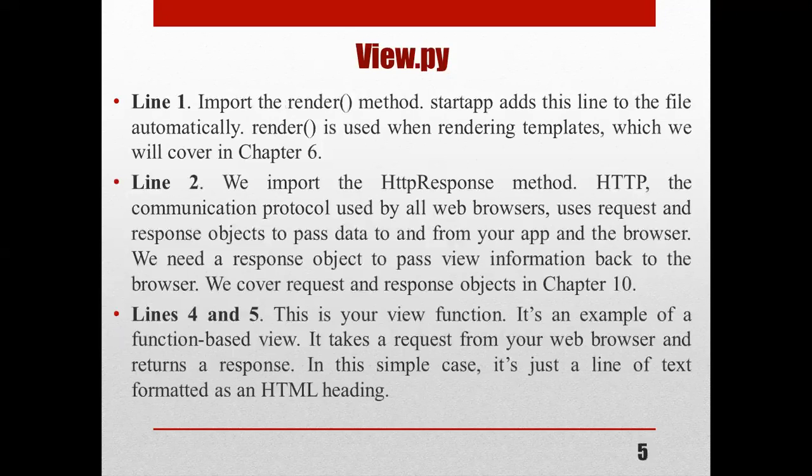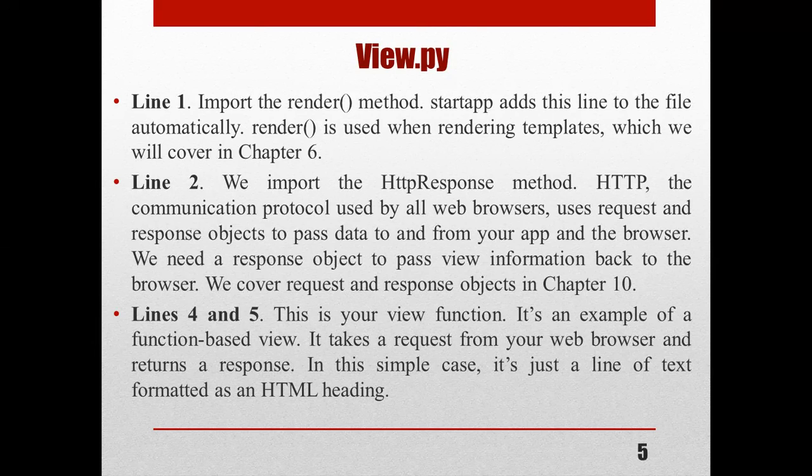In the first line, from django.shortcuts import render, we import the render method. Startapp adds this line to the file automatically. The render method is used when rendering templates, which we have seen in the last chapter.